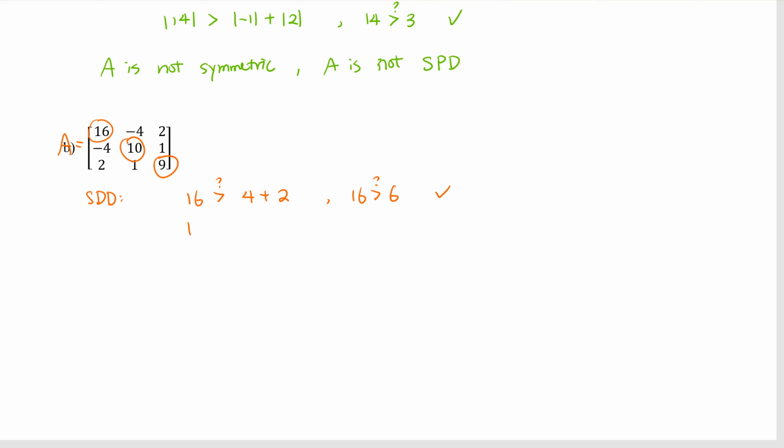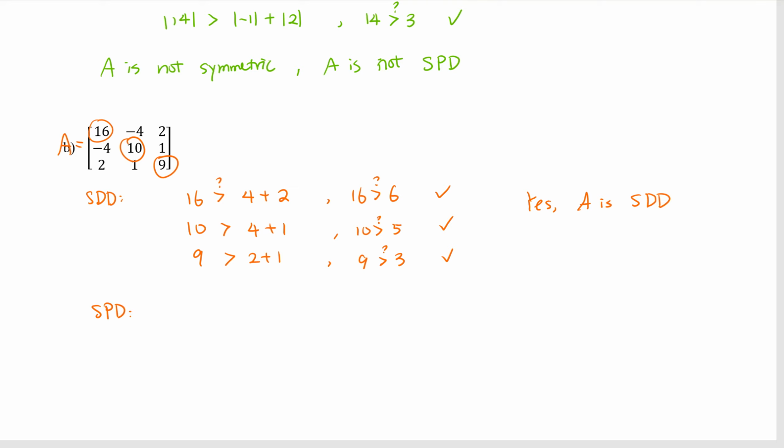Yes. Next, is 10 greater than 4 plus 1? Is 10 greater than 5? Yes. Is 9 greater than 2 plus 1? That's the same as, is 9 greater than 3? Yes. So A is strictly diagonally dominant, SDD.